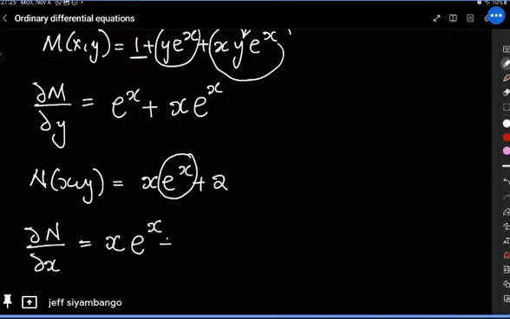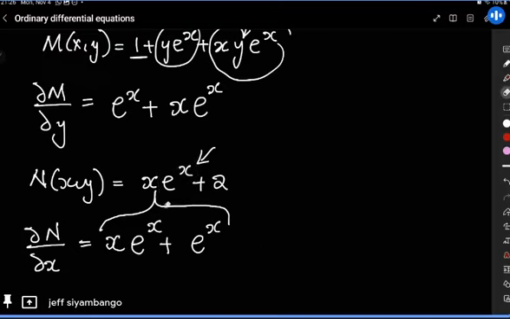Plus, now we'll keep e^x and differentiate x, and that will just be e^x multiplying 1, since the derivative of x with respect to x is 1. Next, we differentiate 2 with respect to x, that will just be 0. So we remain with this as the solution.